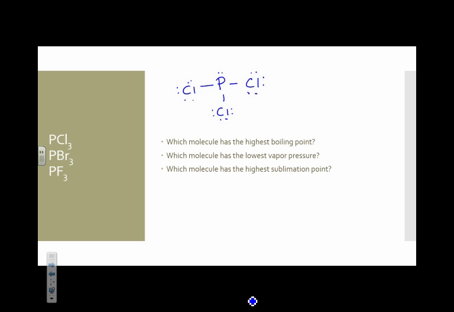They're all trigonal pyramidal molecules, they're all polar molecules, and none of them have NH, FH, or OH bonds. So we know that all of these molecules have dipole-dipole forces between molecules.